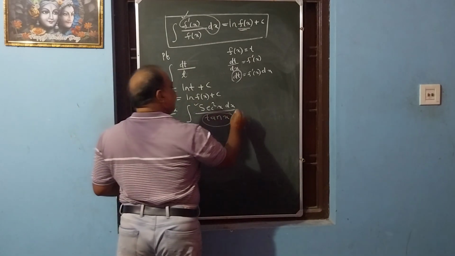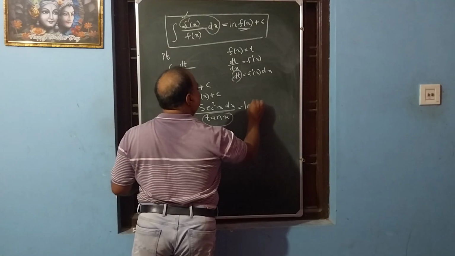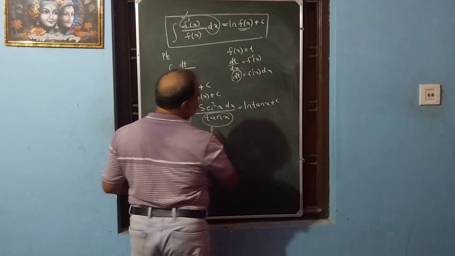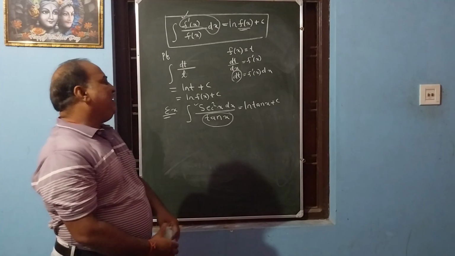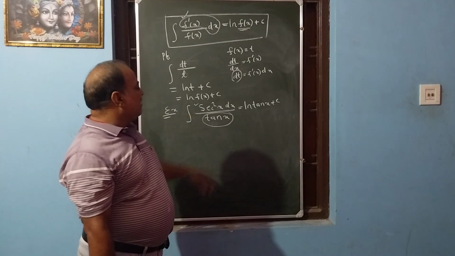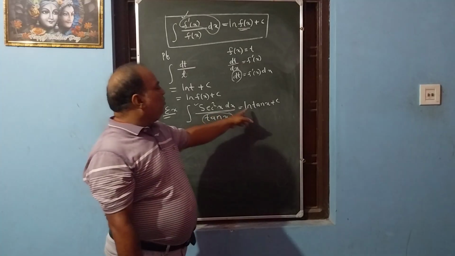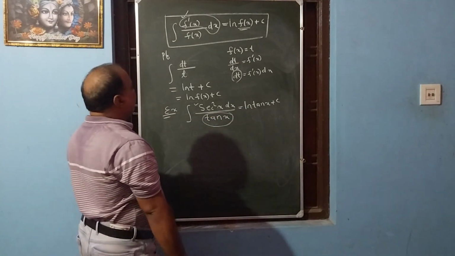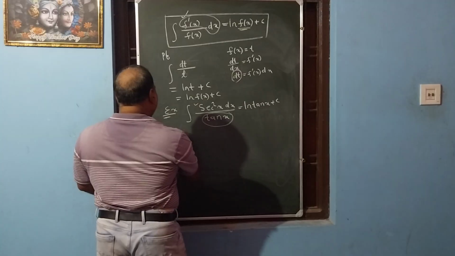So whose integration value will be ln tan x plus c. Because if we take f x as tan x, then whose derivative is here sec square x. So the integration value will be ln tan x plus c. Okay? So next another example.